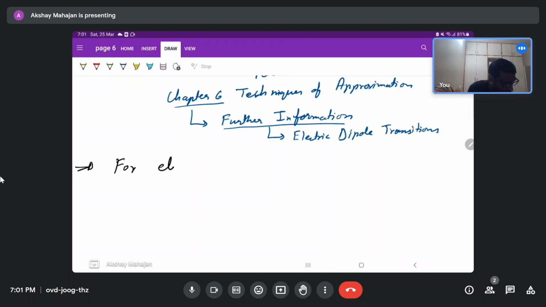But basically, we are just going to use this simple formula.